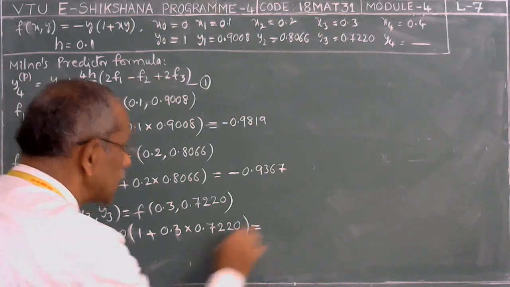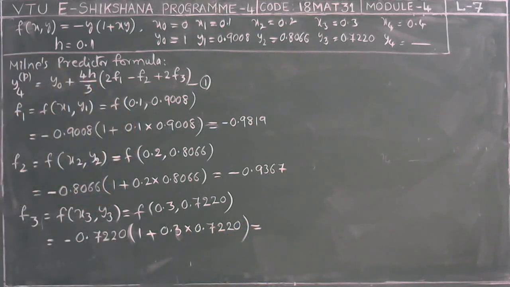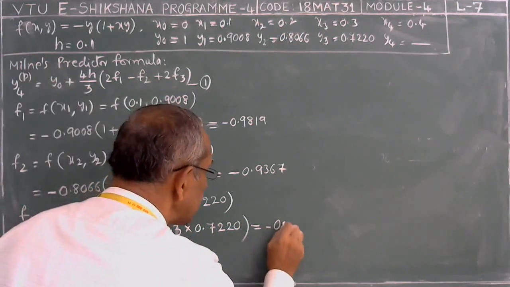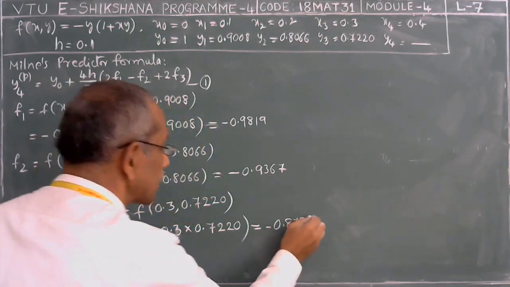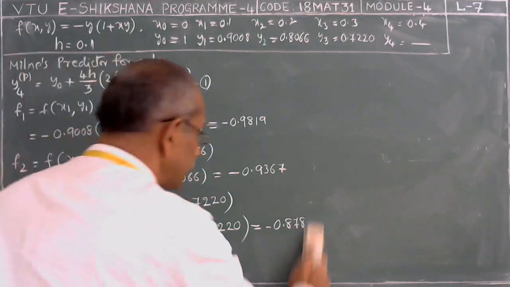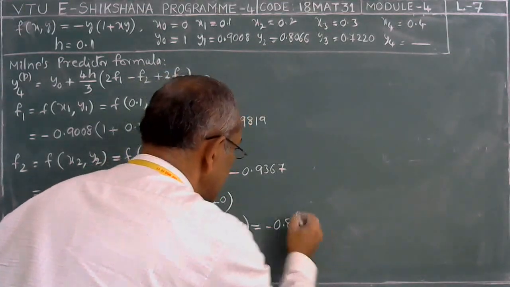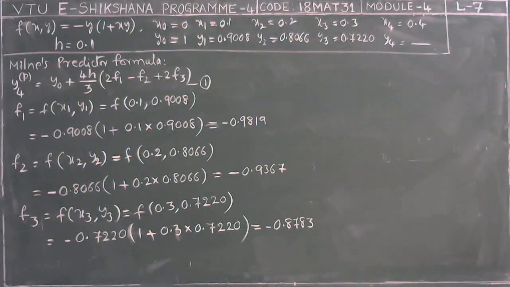If you carefully compute this, you get f3 equal to minus 0.8782.